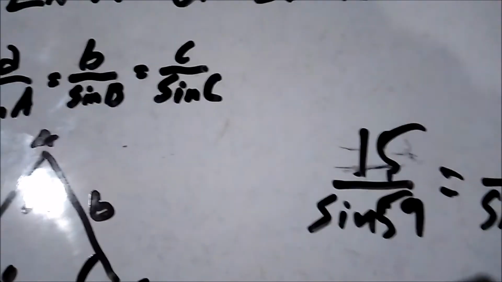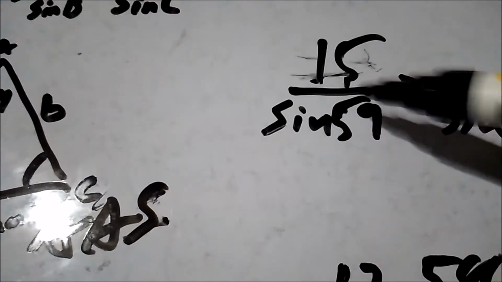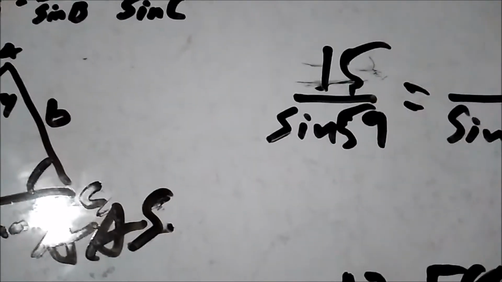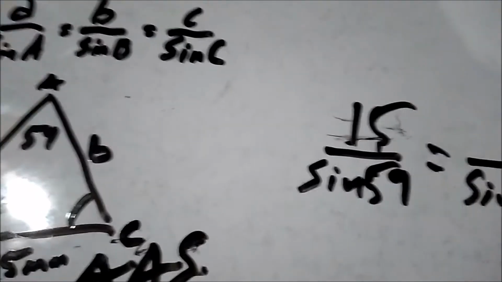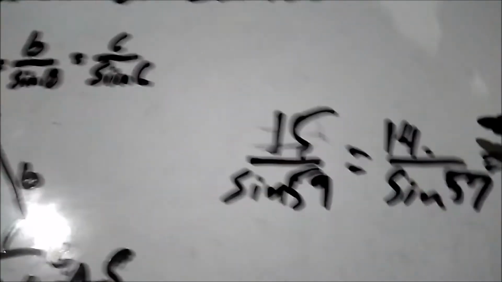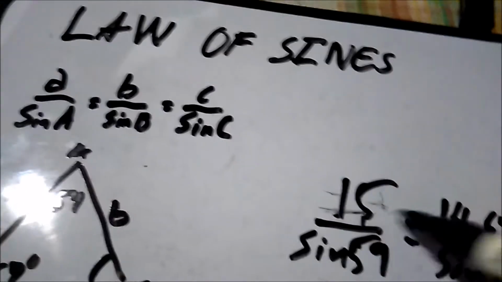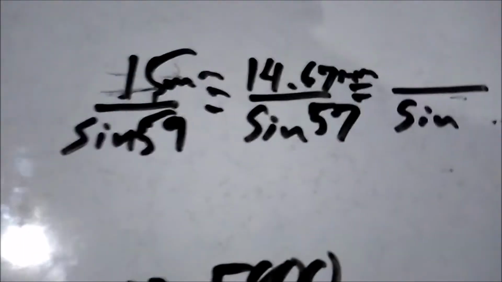So when you multiply it with this, the answer should be 12.5800. And when you divide it by sin 59, the answer is 14.67 millimeters, because we're still using millimeters since this is just my example.